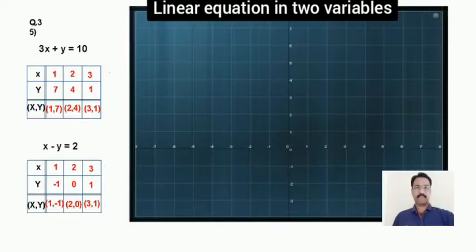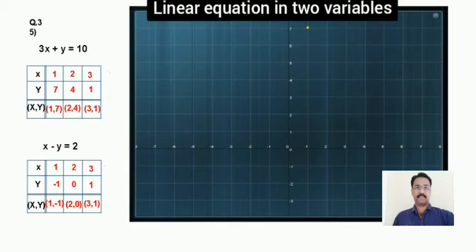See in the fifth question. What is the first one? We are going to plot on graph paper. First one, (1, 7). Where is it? (1, 7) is in the first quadrant. Similarly (2, 4), again in the first quadrant.